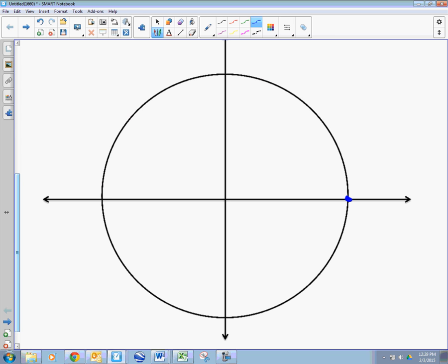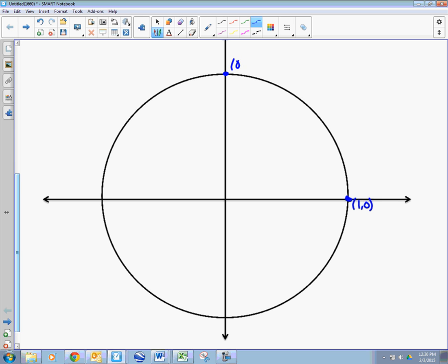Can somebody tell me what is that coordinate or what is that location right there? Very good. Everybody okay with that? What about that coordinate? 0, 1.